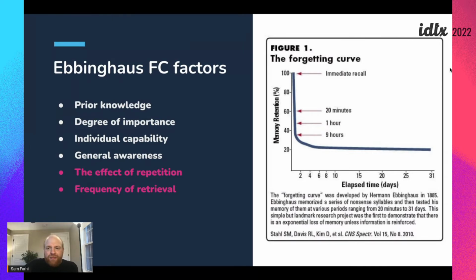So you can see at the bottom on the x-axis, there's an elapsed time of days. You see that line really drops by day 2 and drops even a little bit further and kind of levels out around day 6. With micro learning, because you have that frequency, that curve is going to look very different.